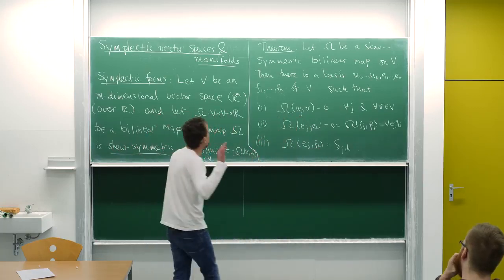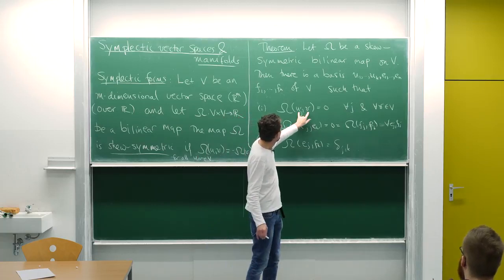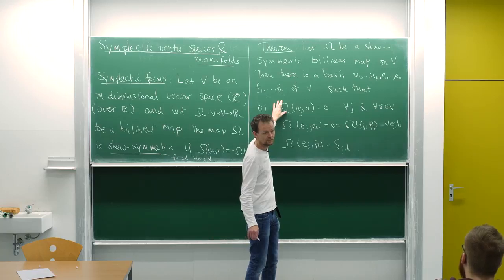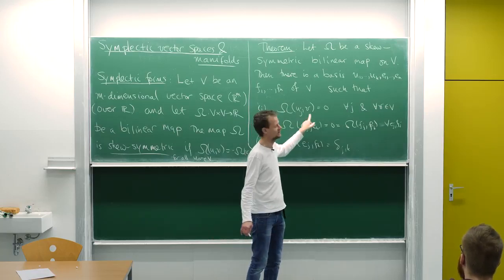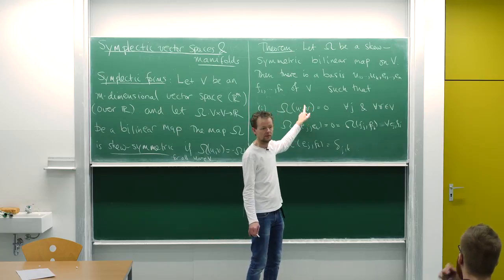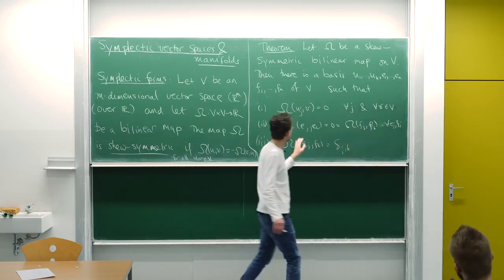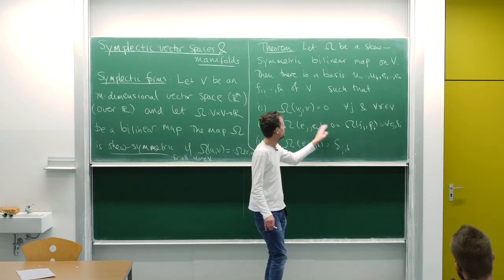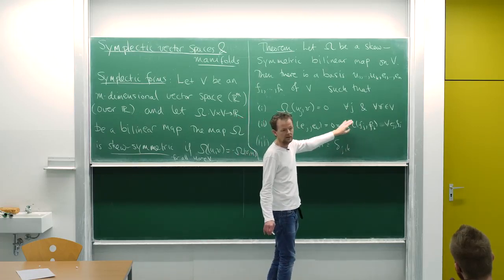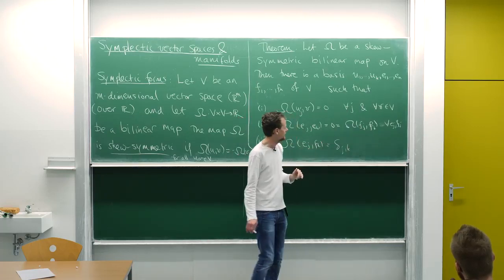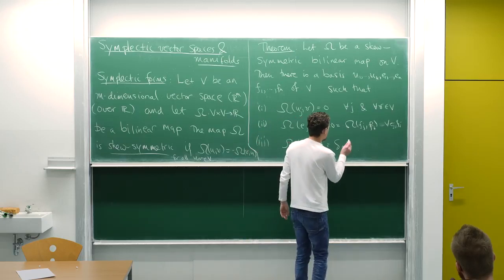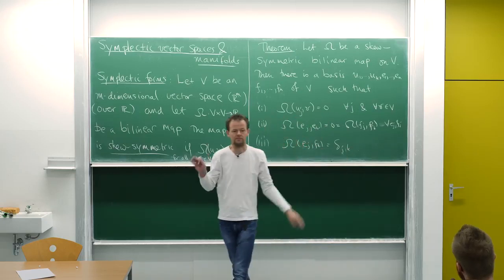They have zero overlap with respect to this skew-symmetric map with all the vectors in the vector space V. Then there's this list of E's and F's, and the E's have zero overlap with each other according to this omega, but the E's and the F's do have an overlap. They're kind of orthogonal.